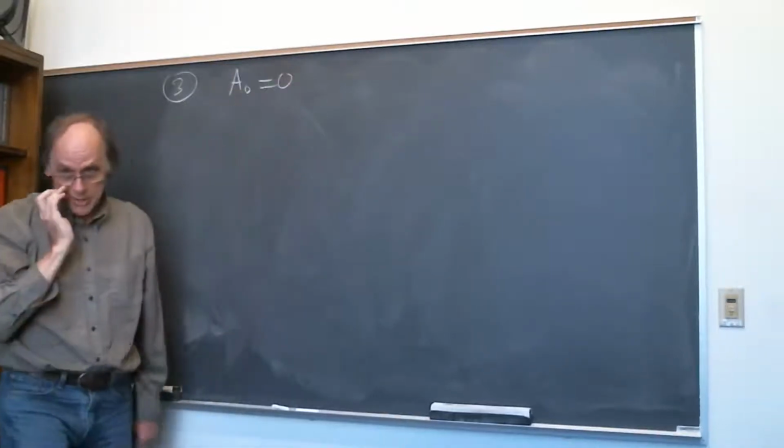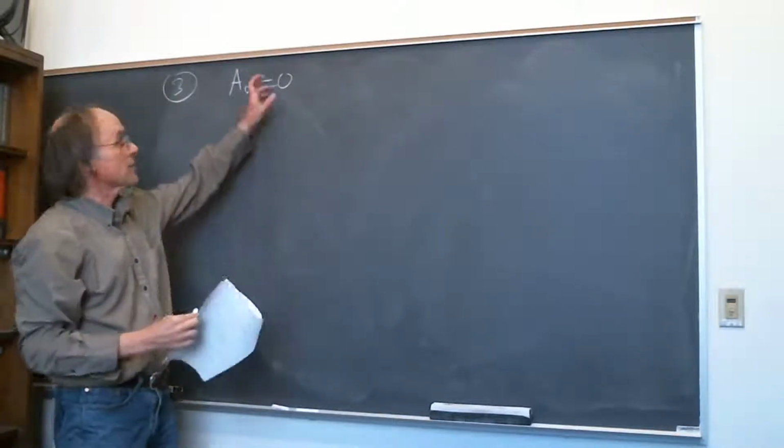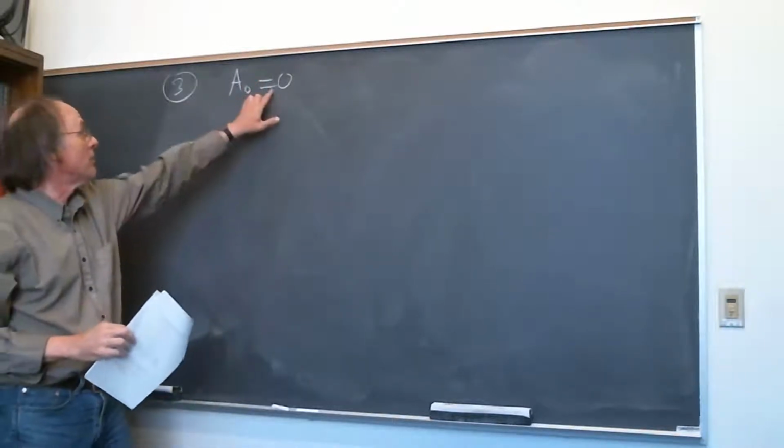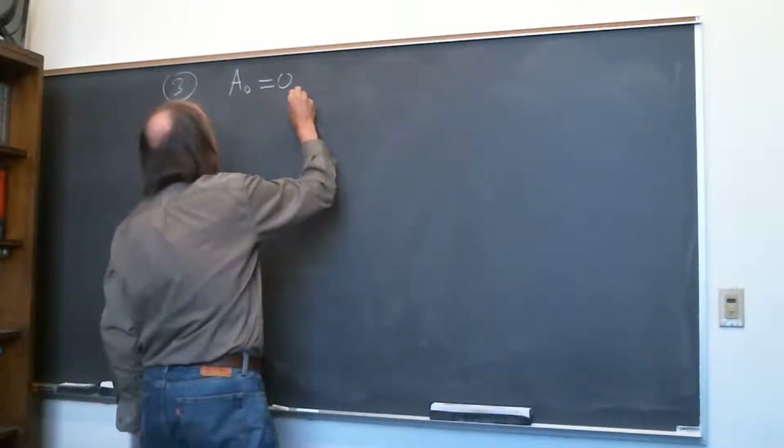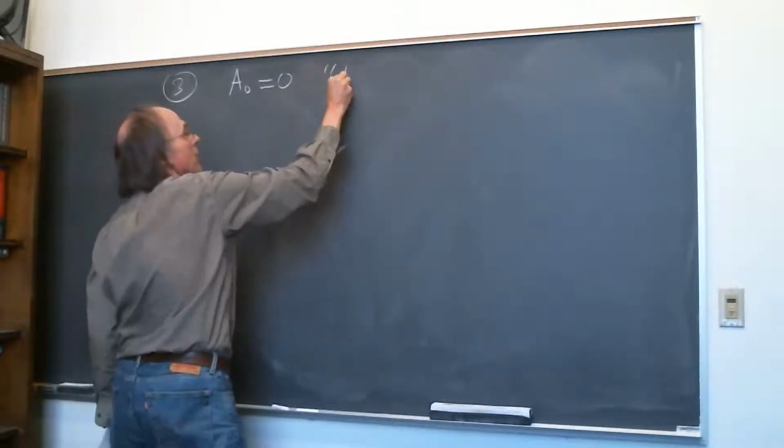If you just do this, what you've done is you haven't completely fixed the gauge. So you have a problem. This is sometimes called time-like gauge.